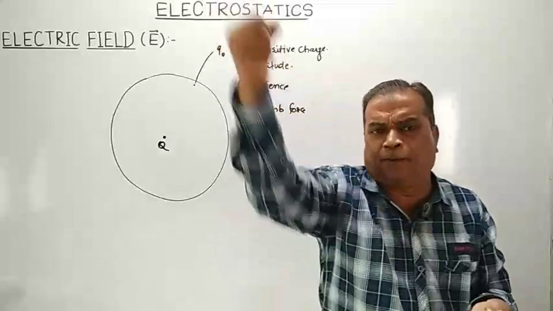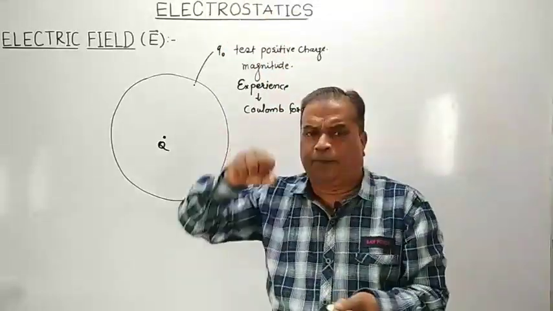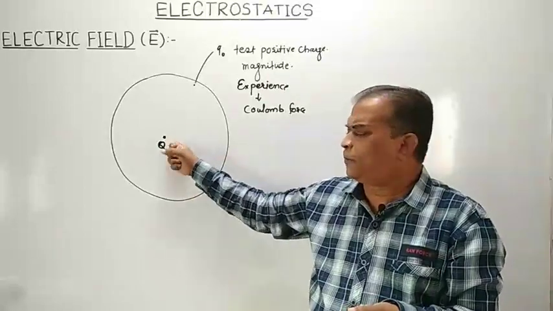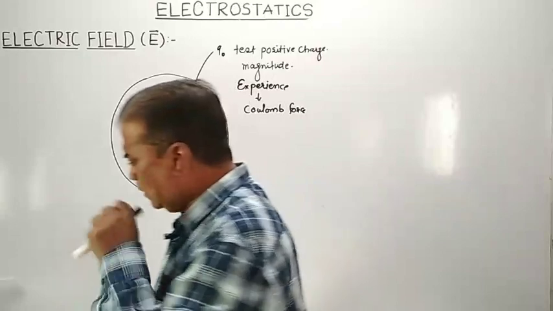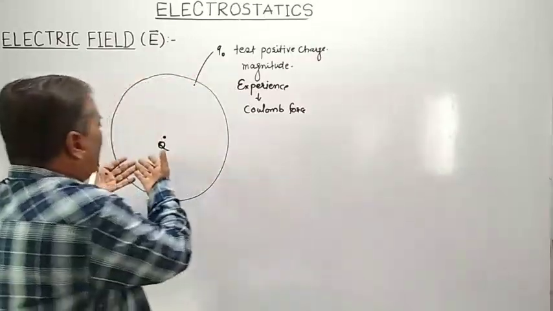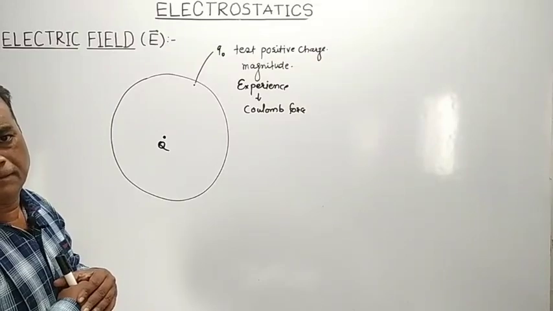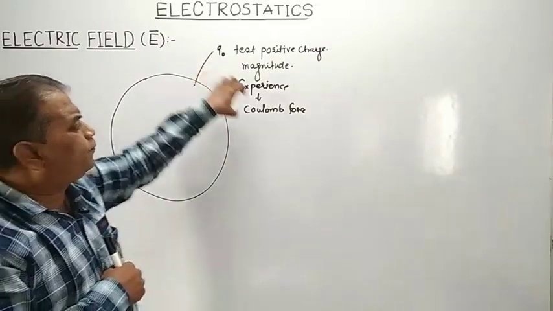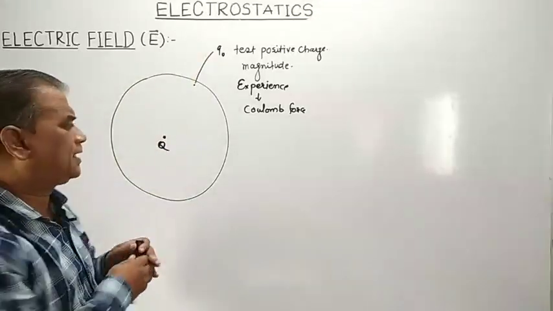That Coulomb force may be a force of attraction or a force of repulsion, depending upon whether the given charge is positive or negative. So the region around the charged object in which a Coulomb force is experienced by another charge is called electric field.